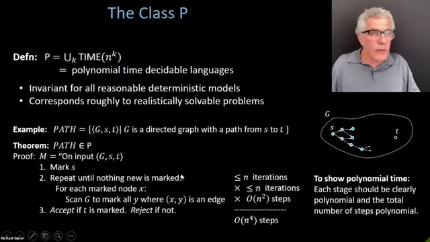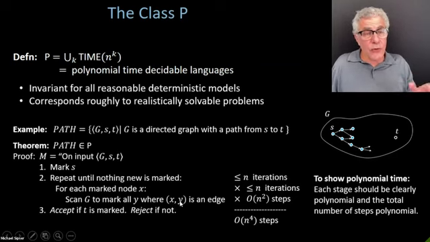Someone's trying to dig into how this is actually running here. Scan G to mark all Y where X, Y is an edge. I'm saying that you can do it in n squared steps. If you have X, you can mark it in a certain place on the tape.